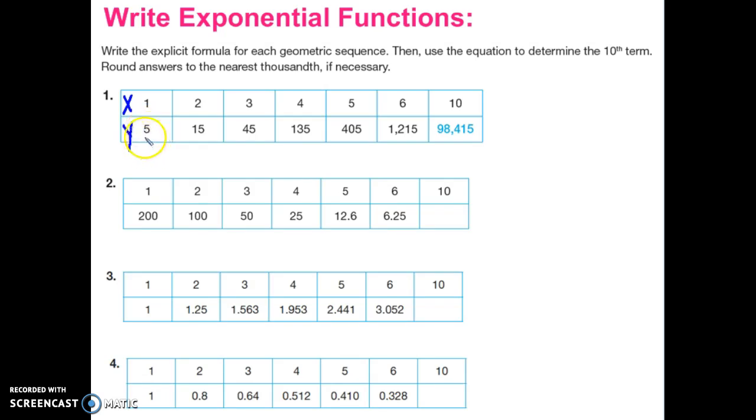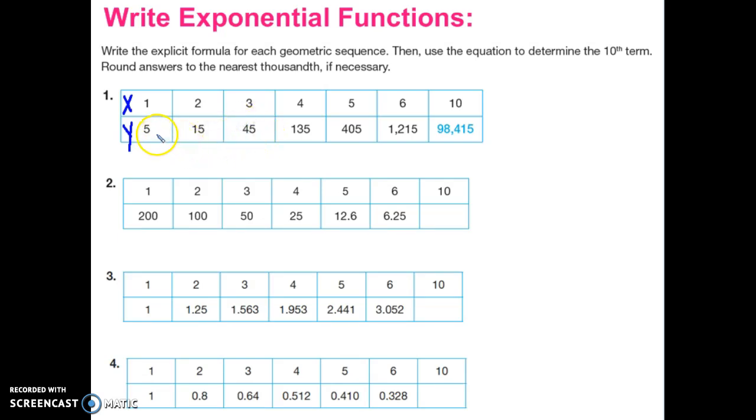In this particular sequence, we notice first that obviously the numbers are growing, so we know this would be growth. And we also should notice, how do you go from 5 to 15? Well, you could add 10, but if you add 10 to 15, you don't get to 45.